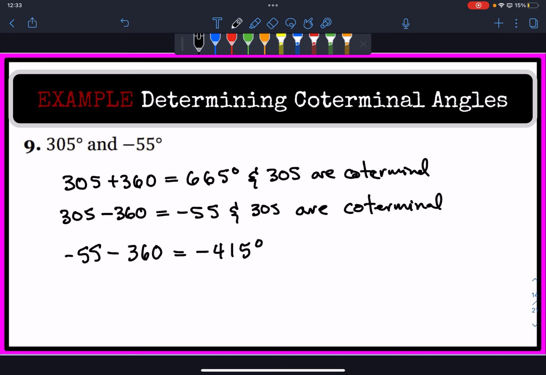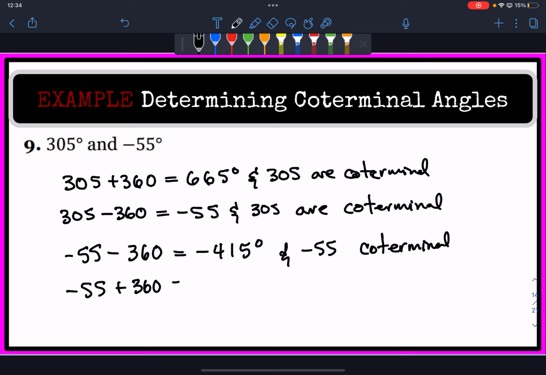So negative 415 and negative 55 are coterminal. And if I add 360, that's going to give us 305 again, which we already labeled. We already know that negative 55 and 305 are coterminal. So by adding 360, we see that we get 305. So this is how we can calculate and find coterminal angles.